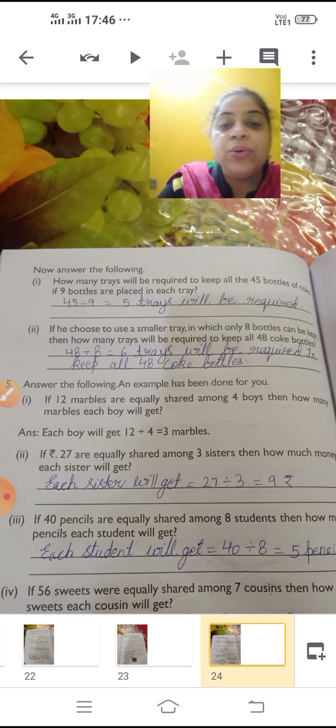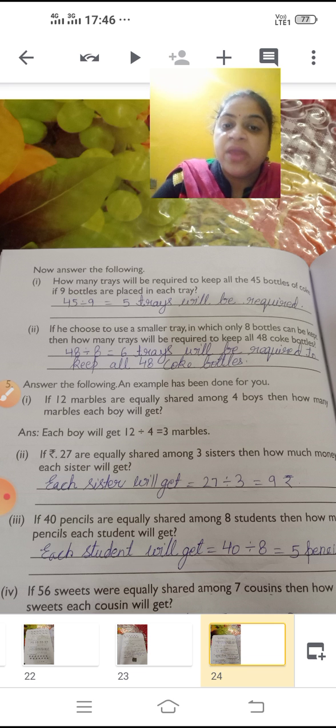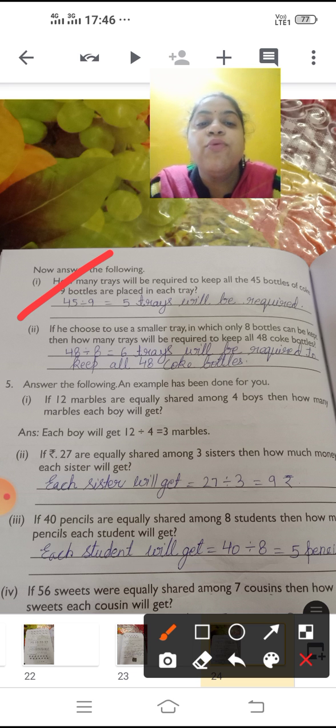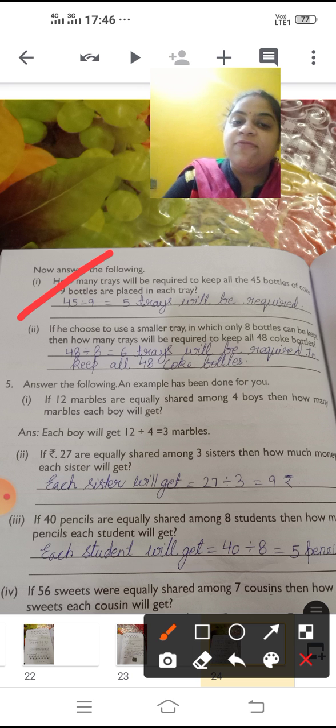Children, they have given you the total number of bottles and how many bottles we have to cap in each tray. So we have to find out how many trays will be required. So 45 divided by 9 will give you 5. 5 trays will be required to keep all the 45 bottles.